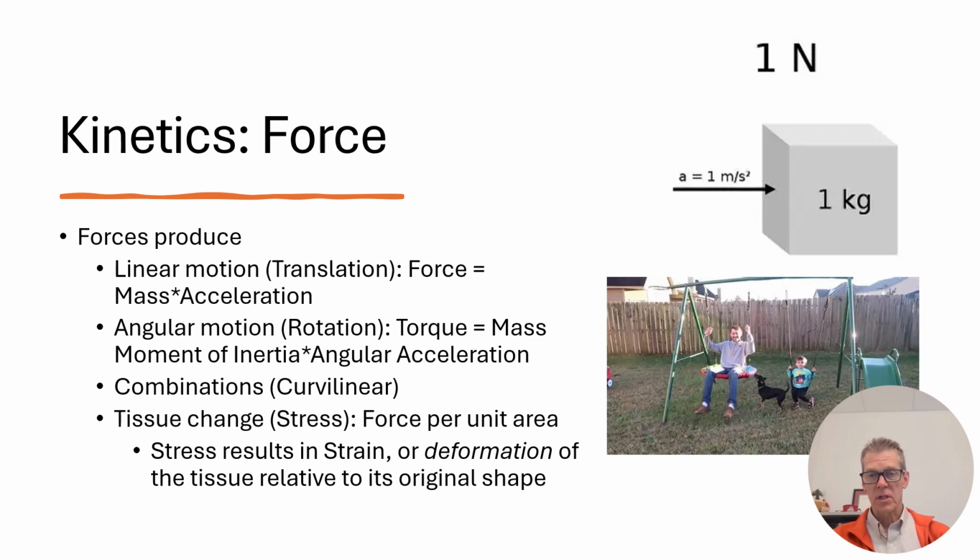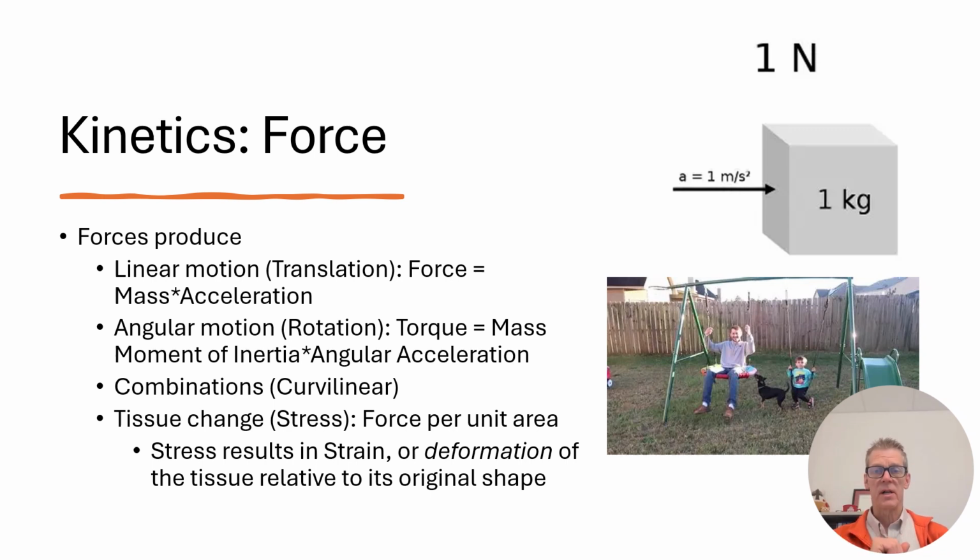For angular motion or rotations, here's one equivalent equation. So torque is equivalent to force in the translation description. The mass moment of inertia is somewhat equivalent to mass, and then angular acceleration is equivalent to acceleration. So I like to think about this idea of mass moment of inertia.